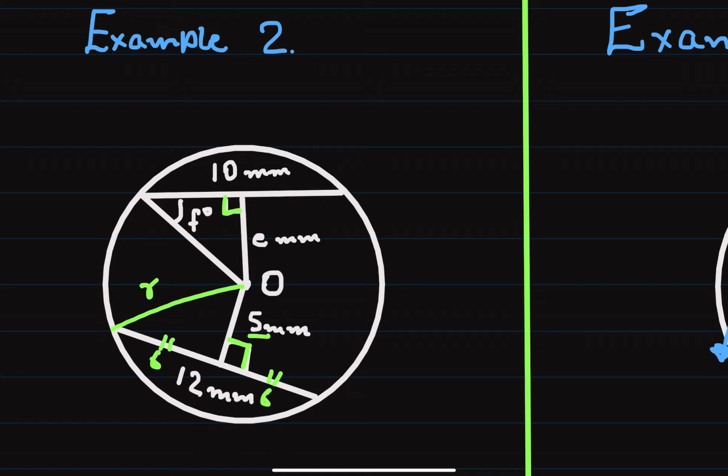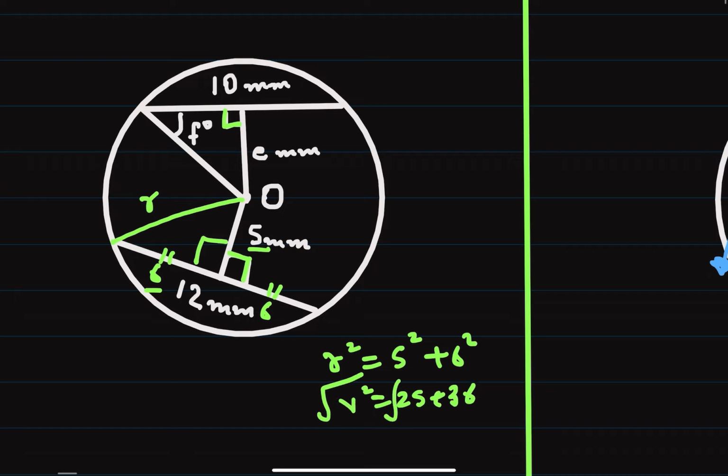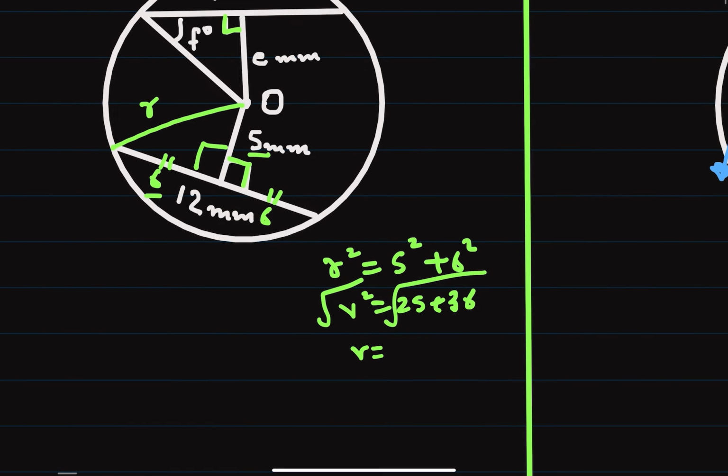On 5 and 6, I can apply the Pythagoras theorem to find this radius: r squared equals 5 squared plus 6 squared, 25 plus 36, and then r will equal root 61.